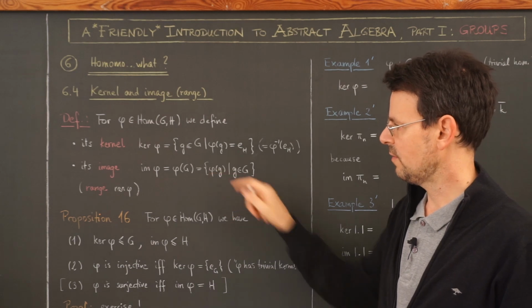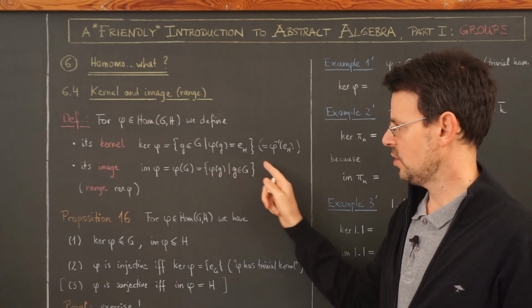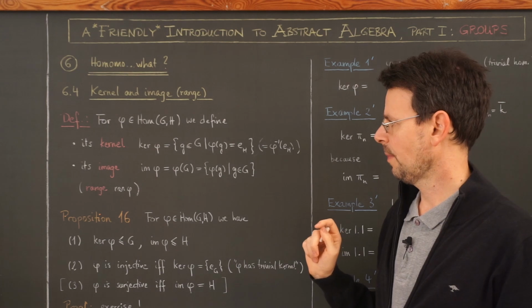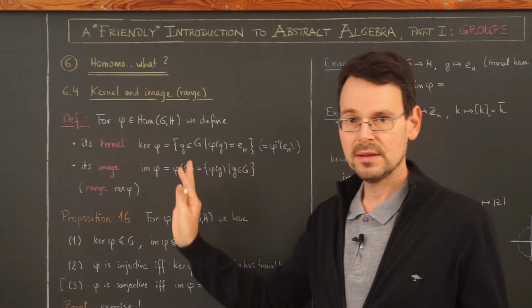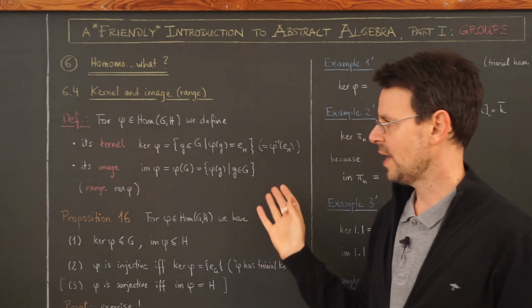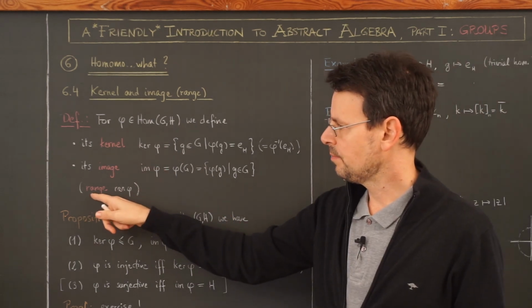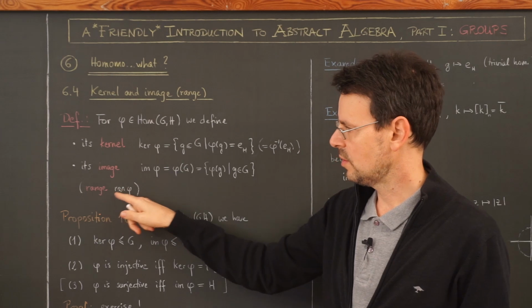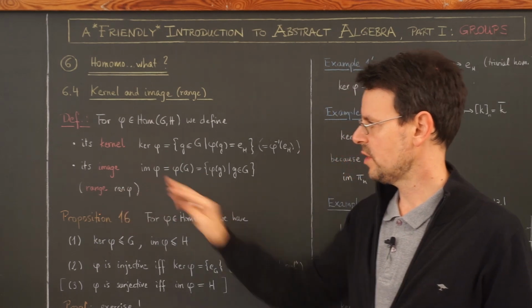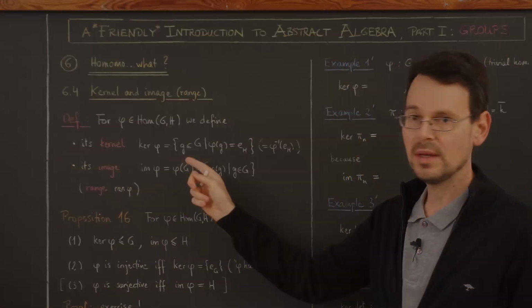All the phi of lowercase g, g element of G. And again, this is the definition for any map between G and H. Sometimes the word range is used with this abbreviation, but I'm going to stick with im.